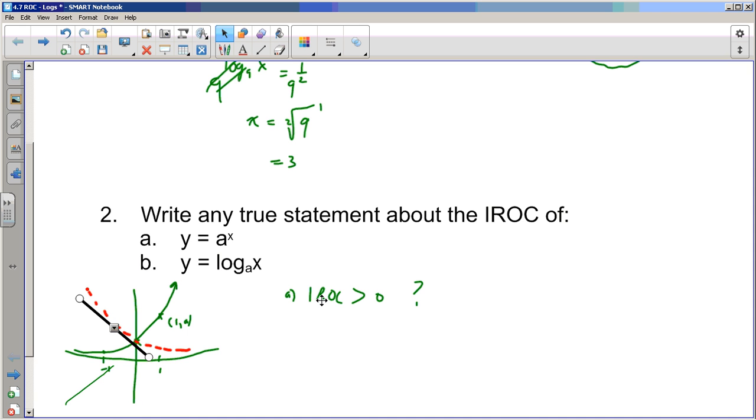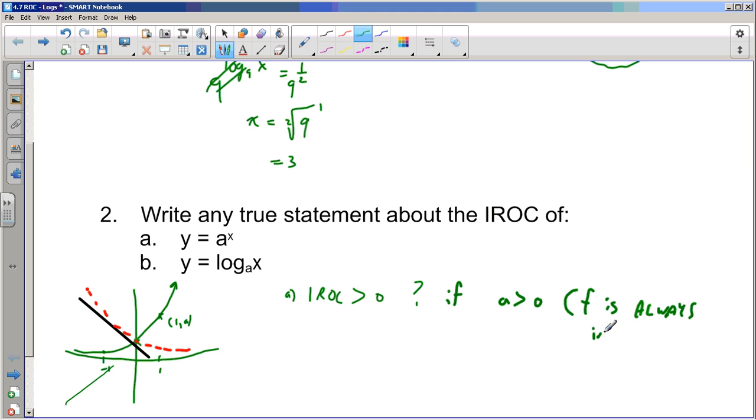So the IROC is greater than 0 is true if a is greater than 1. If the base is greater than 1, the IROC is greater than 0, which means f is always increasing.